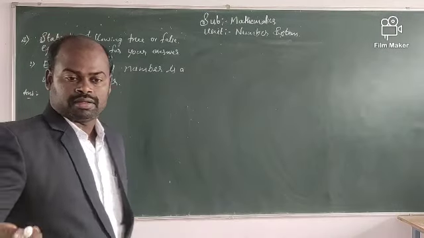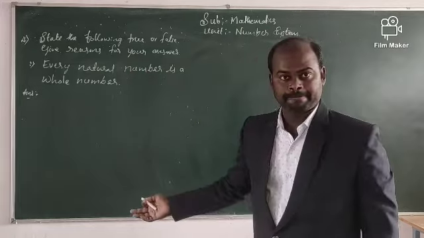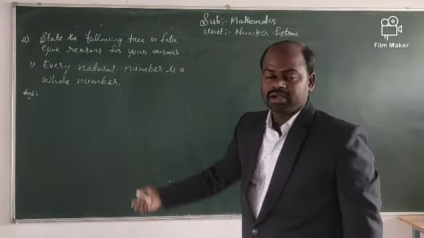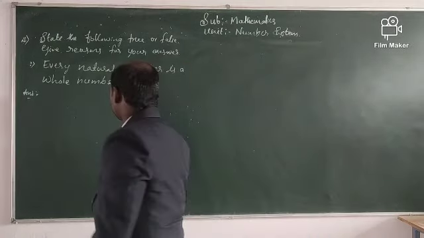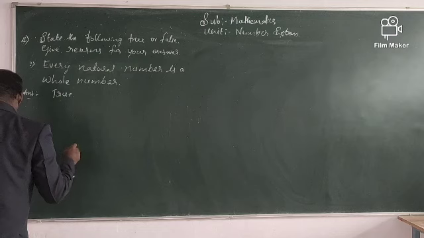Why? Yes. Natural numbers start from 1, 2, 3, 4. Okay. So therefore, every natural number is a whole number. This given statement is true. Why?